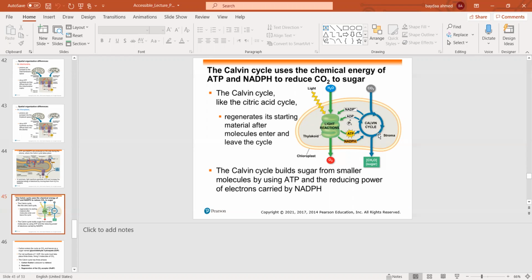Carbon enters the Calvin cycle in the form of carbon dioxide and leaves in the form of sugar. The cycle spends ATP as an energy source and consumes NADPH as reducing power for adding high energy electrons to make the sugar.